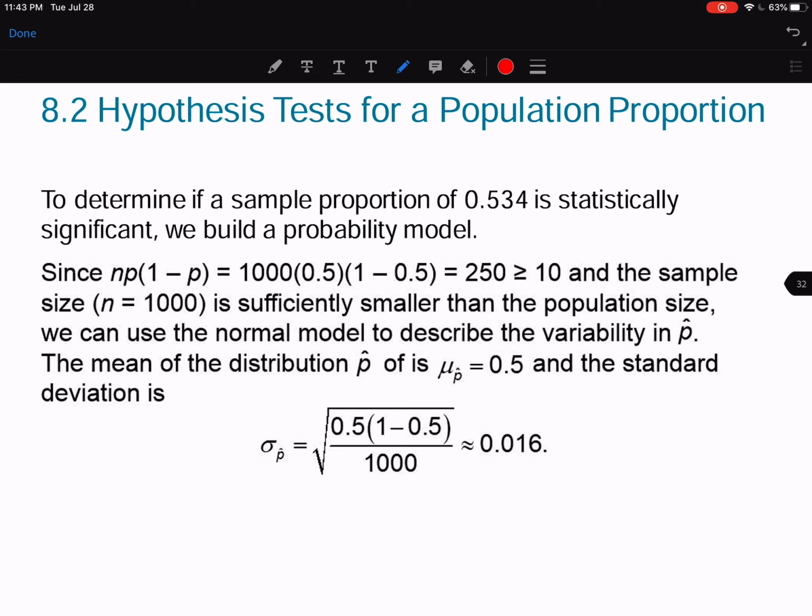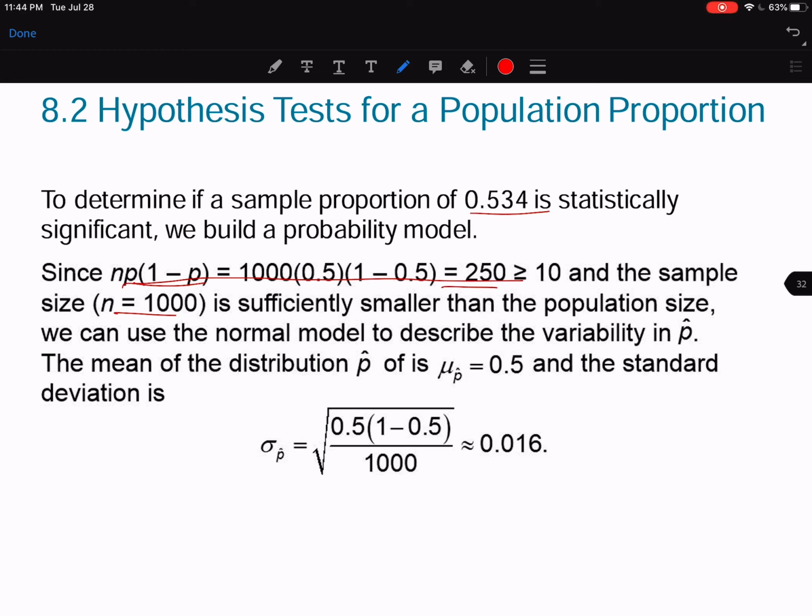All right, once this is clear, let's take a look at this. To determine if a sample proportion of 0.534 is statistically significant, we build a probability model. Since np times 1 minus p is equal to 250, which is greater than or equal to 10, and the sample size n of 1,000 is sufficiently smaller than the population size, we can use a normal model to describe the variability in p hat. I believe I mentioned those two conditions in chapter 7, section 7.1.